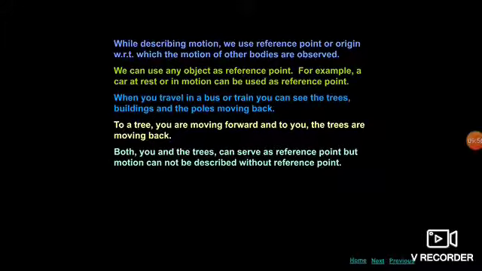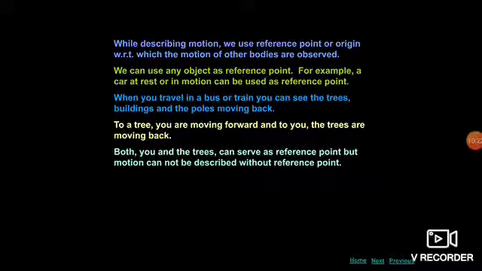Now both you and the trees can serve as reference points, but motion cannot be described without a reference point. It means if somebody is standing outside the train and you are in the train, clear? So that particular body is at rest, but you will appear as a body in motion.